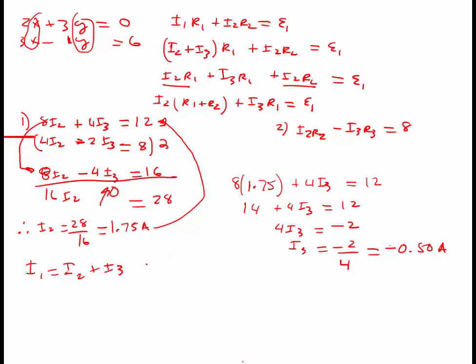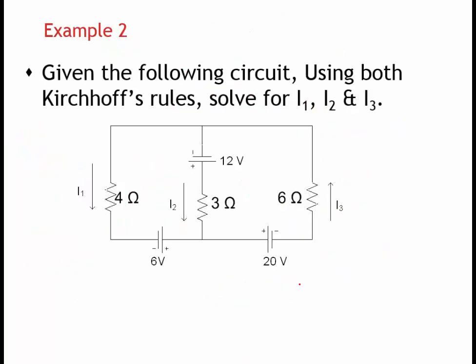Right? So now we have I2 and I3. So this becomes 1.75 amps plus minus 0.5 amps, right? And then what I'm left with is that this comes out to be 1.25 amps. Okay, so this is my I1, right?